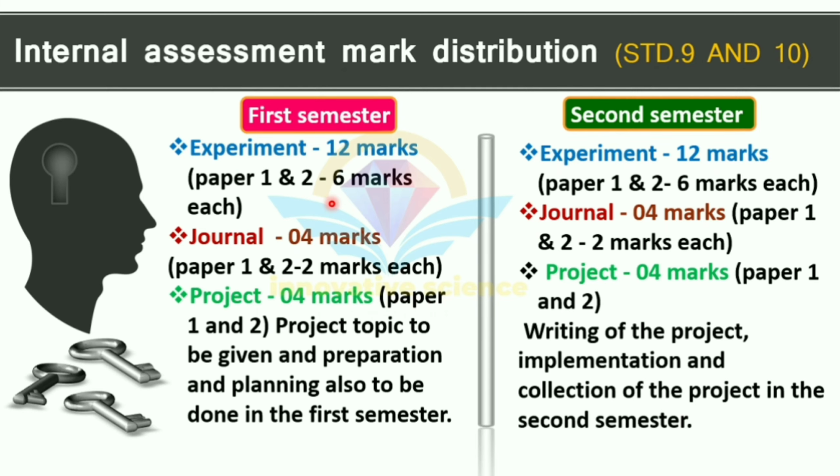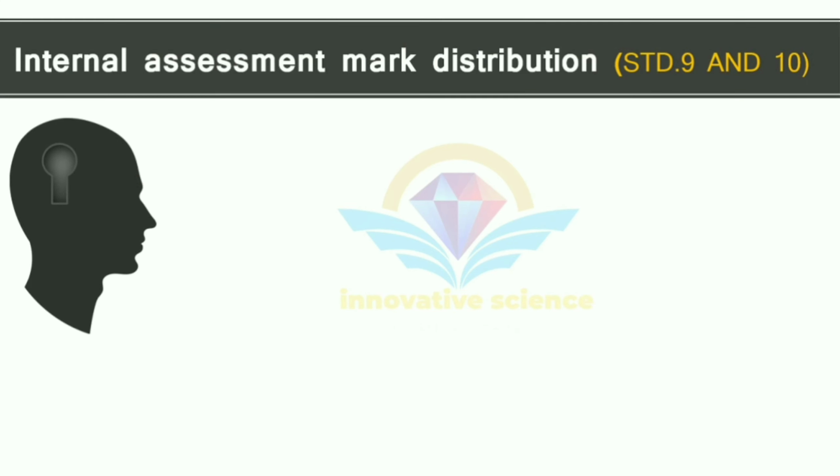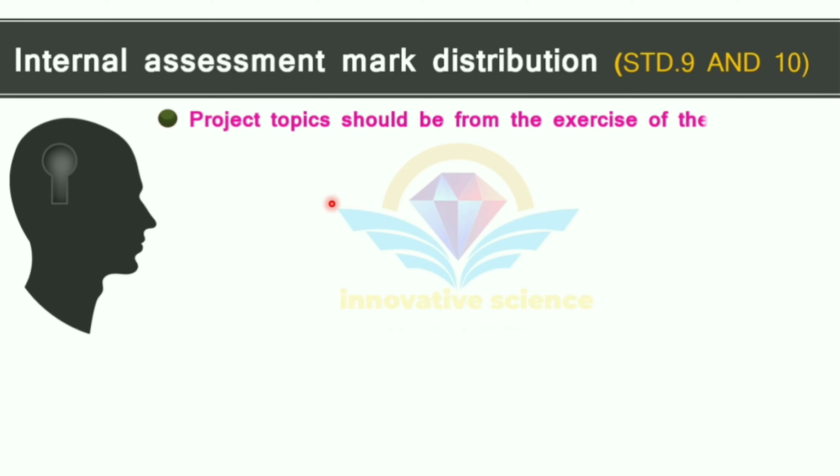So give attention to some points related to project. First point is the project topic should be from the exercise of the textbook, or a new project topic is also welcome.